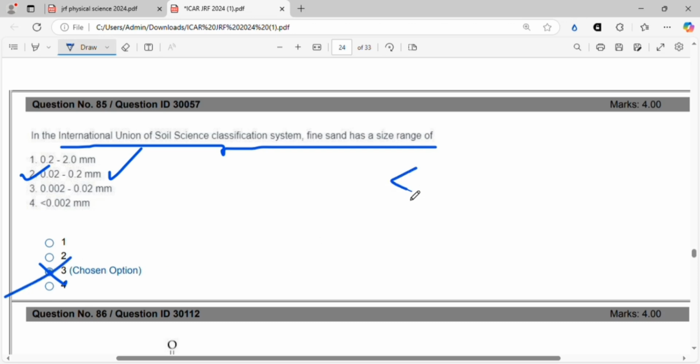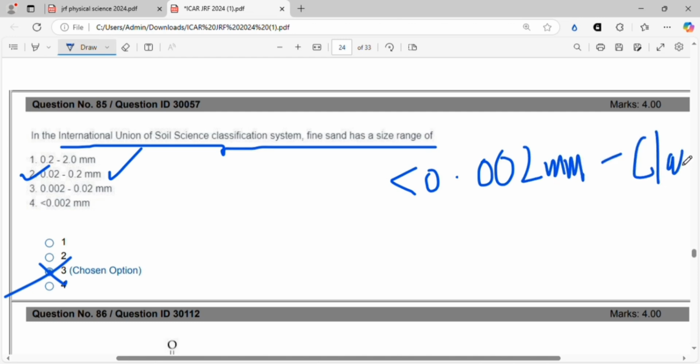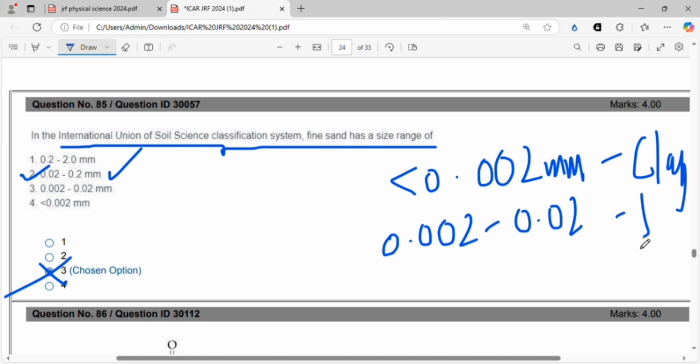For this, we can quickly write the table. Not a problem. Less than 0.002 millimeter is clay. All right. Then from 0.002 to 0.02, it is silt. All right.